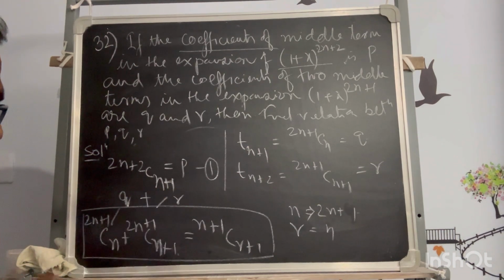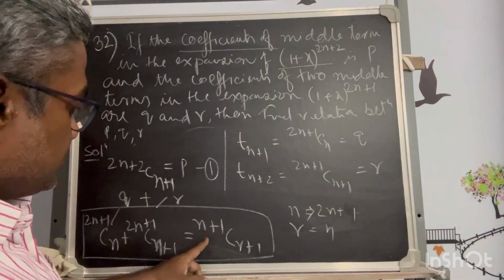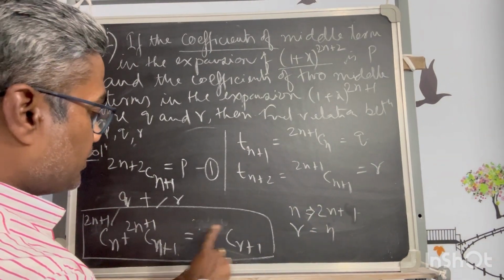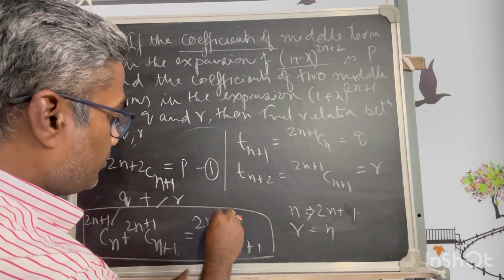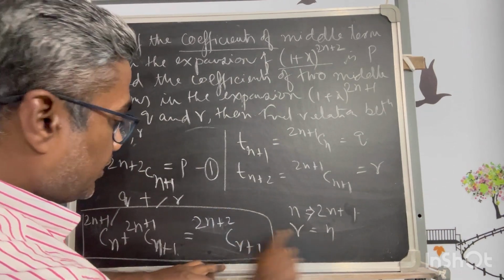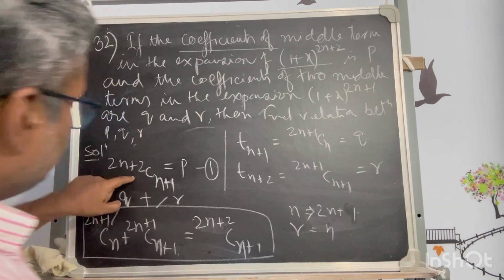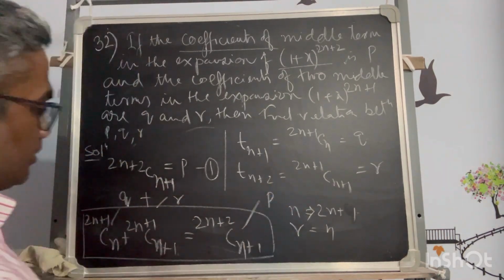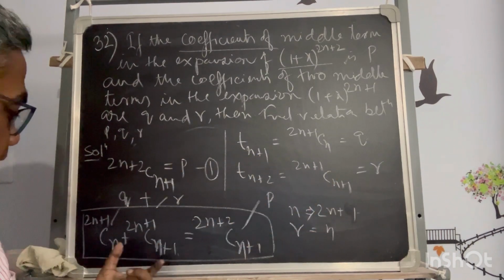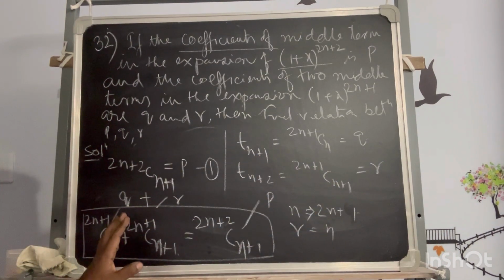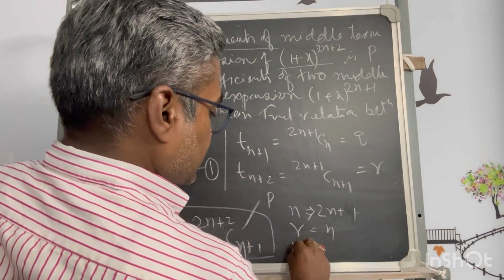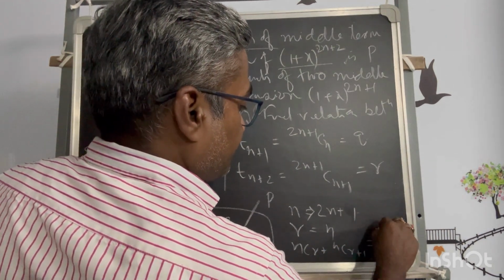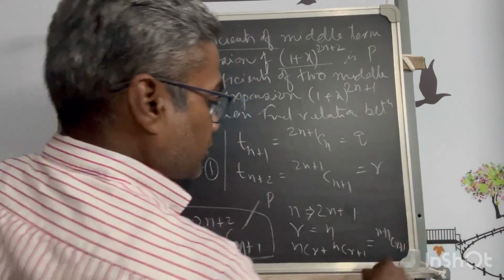So q plus r is on the left side, and what is on the right side? Instead of n I am putting 2n plus 1, so this will turn into 2n plus 2, and r I am putting n, so this will give you n. Is this matching the term p? So this is definitely p. And as we know, the formula nCr plus nCr plus 1 gives you (n plus 1) C (r plus 1), which we already proved.